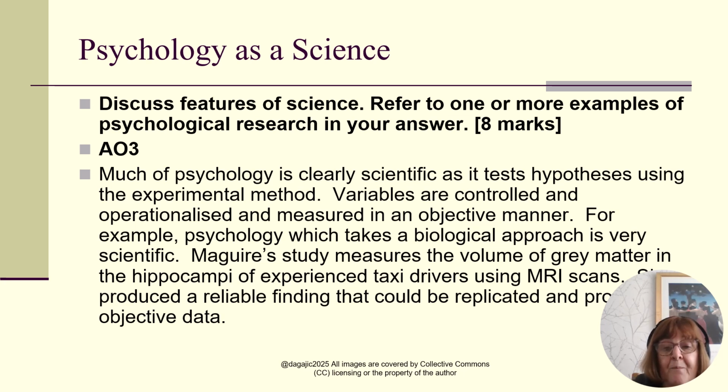So, for example, psychology, which takes a biological approach, is very scientific. Maguire's study measures the volume of grey matter in the hippocampi of experienced taxi drivers using MRI scans. She produced a reliable finding that could be replicated and produced objective data. So linking Maguire clearly to those features of science and explaining why her research is scientific.